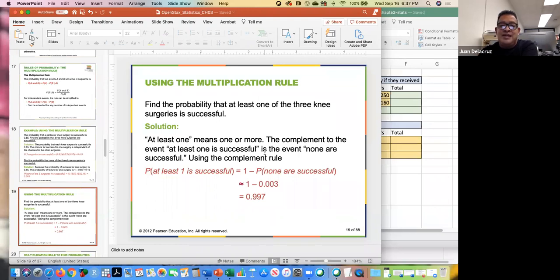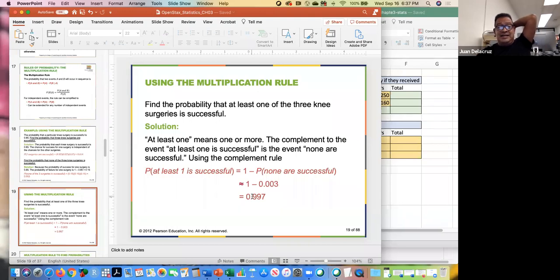As I said before, statistics are good for everybody because you can tell stories about what you want to defend. In this case, if you are a pharmaceutical company or the hospital, you can say, look, based on my data, the probability of at least one successful surgery is 99%.